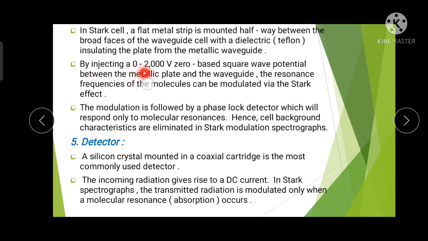By injecting a 0 to 2000 volt zero based square wave potential between the metallic plate and waveguide, the resonance frequency of the molecules can be modulated via the Stark effect.